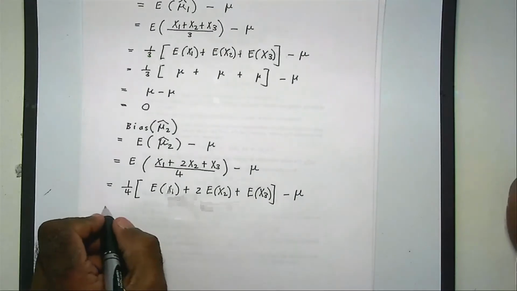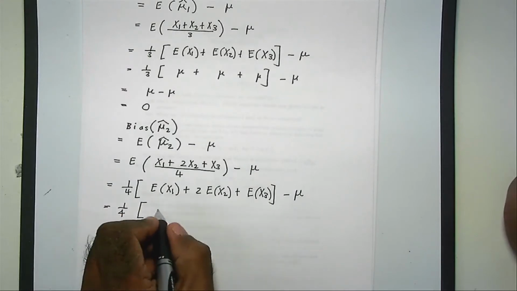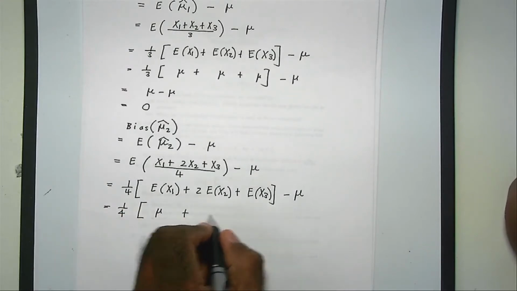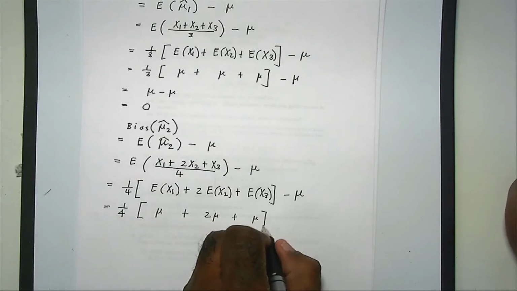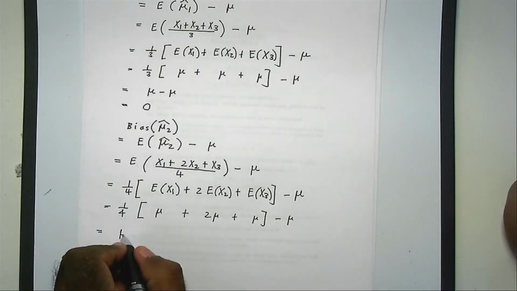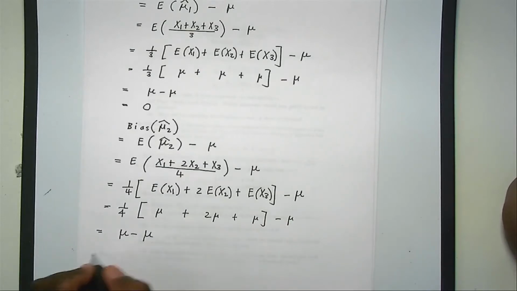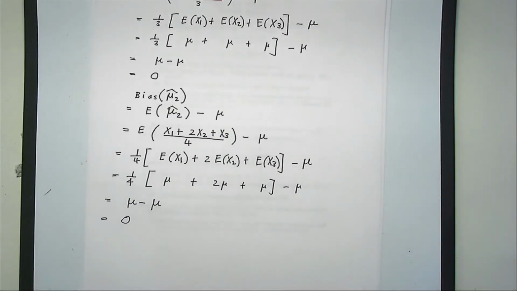Okay, so this is going to be a quarter of mu plus 2 mu plus mu minus mu, and this is clearly mu minus mu, so 0. So both estimators have bias equal to 0.